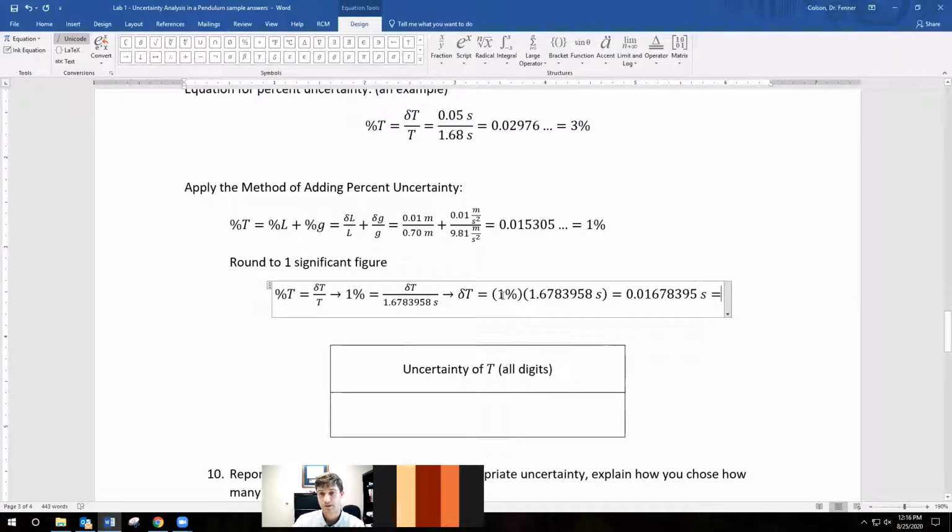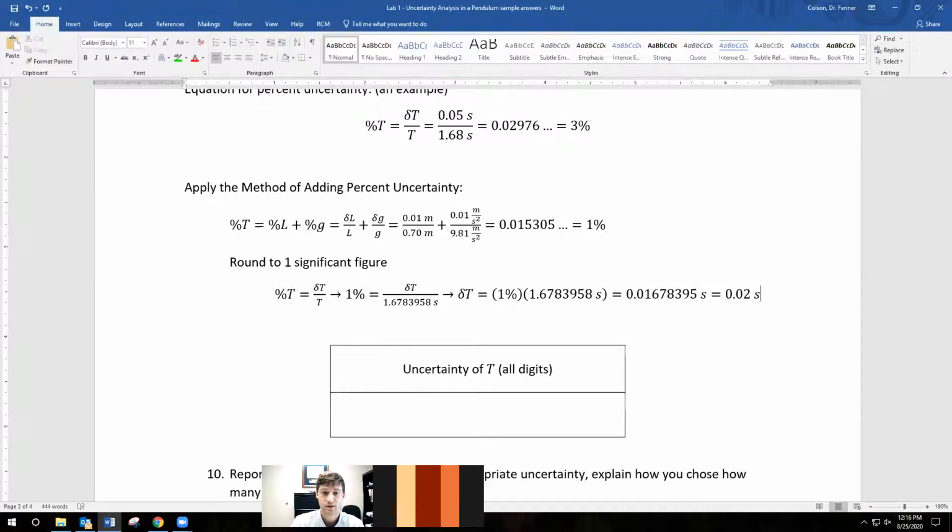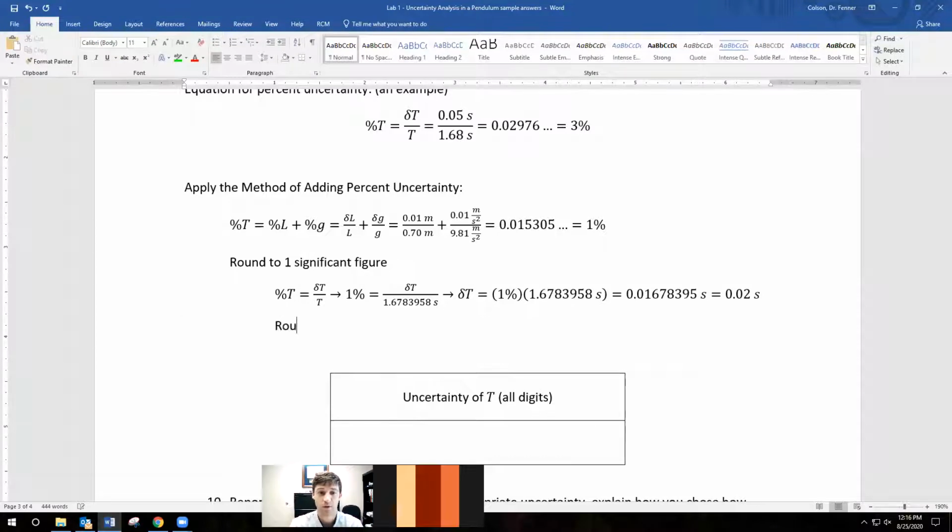But since 1% only has one significant figure, we'll just round this to one significant figure again, so 0.02 seconds.